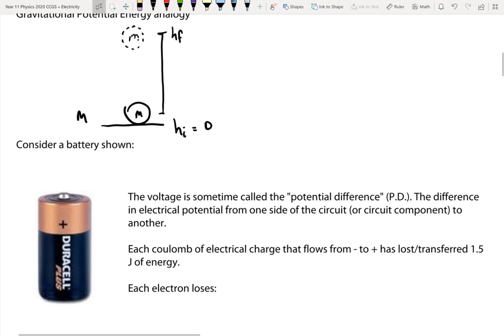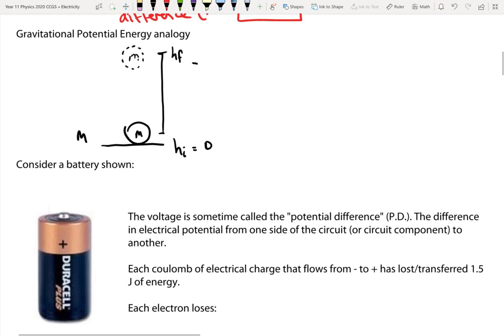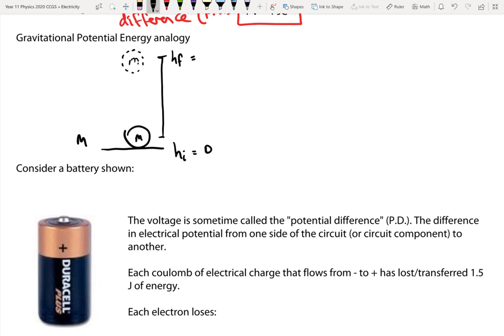Your change in height is going to be called delta h, the difference in height, because remember, your delta is h final minus h initial. Conveniently, if we set our initial equal to 0, then your change in height is simply the final height.